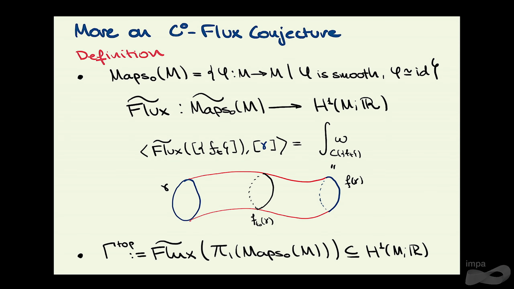And the way this map works is, well, classes here are represented by paths of smooth maps, which are based at the identity. And we want to be able to evaluate one cycles, right, because we're going to be in H^1. So if gamma is a one cycle, what we do is we use the map to flow this one cycle. We get some sort of cylinder, and we compute its symplectic area.